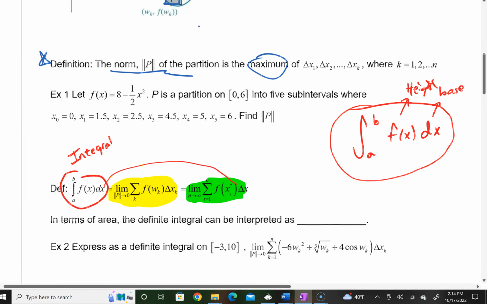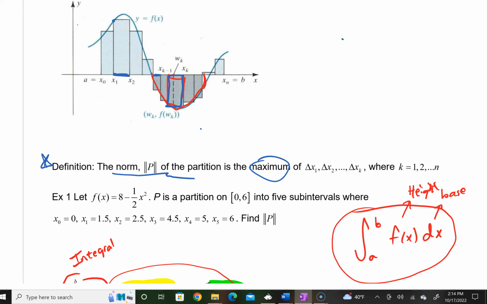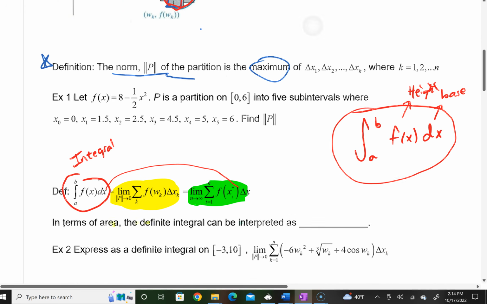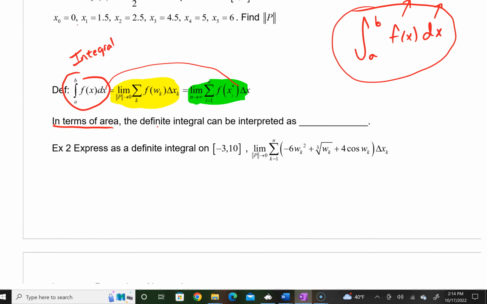Now, of course, kids will quickly point out, they'll say, well, you're talking about area. Hey, let's be realistic here. Your rectangles could go below the x-axis. You could wind up with negative areas of those rectangles. And indeed we could. So in terms of area, this definite integral can be interpreted as net area.